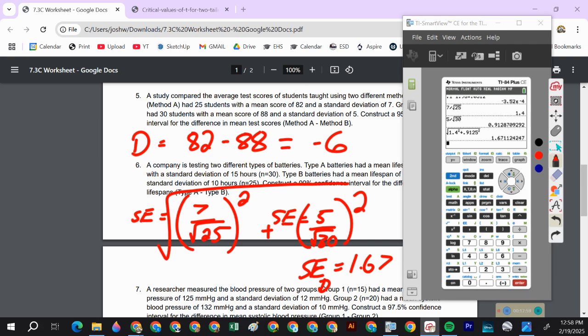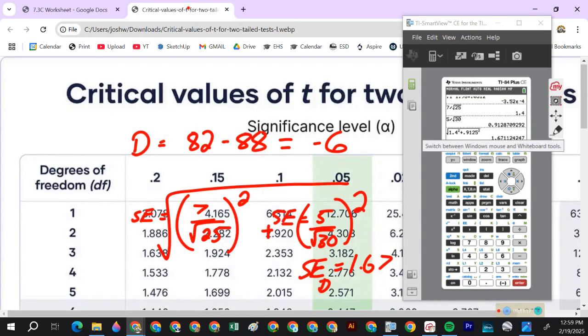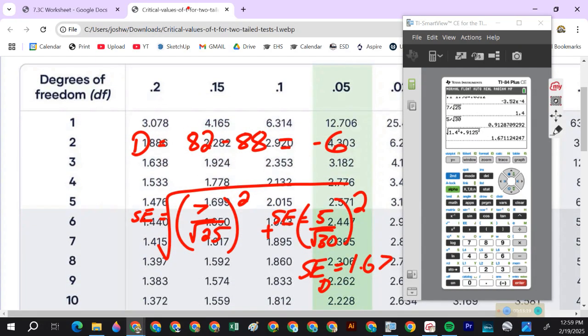So on your t-table, you have degrees of freedom on the left, and then you have the area outside the two tails in the middle. All right, so what are our degrees of freedom here?